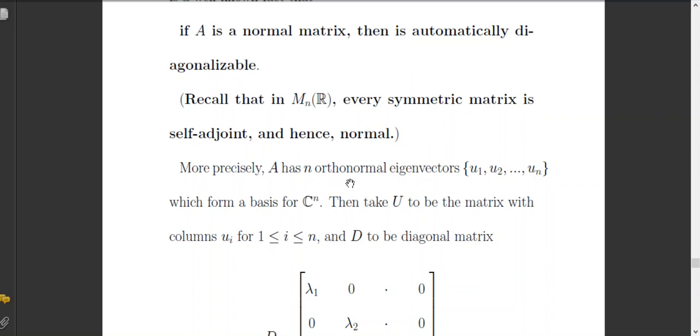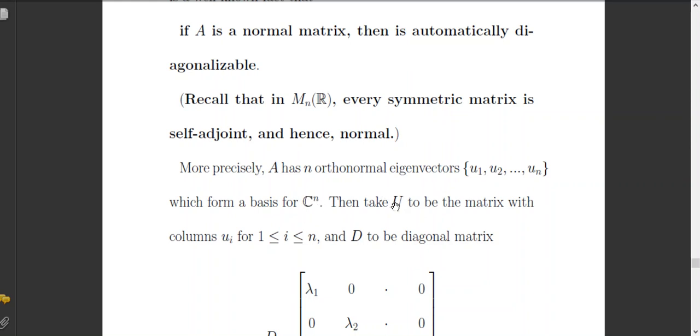When we say orthonormal, it means the norm of each Ui is 1 and they are mutually perpendicular. Of course, because they are linearly independent, they form a basis for C^n, the n-dimensional complex Hilbert space.